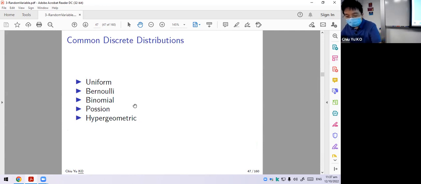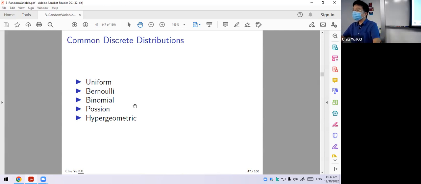And we also did a discussion on common discrete random variables, right? We have multinomial, binomial, Poisson, and hypergeometric. Just to remind you that we use binomial when the outcome can be divided into success or failure, right?